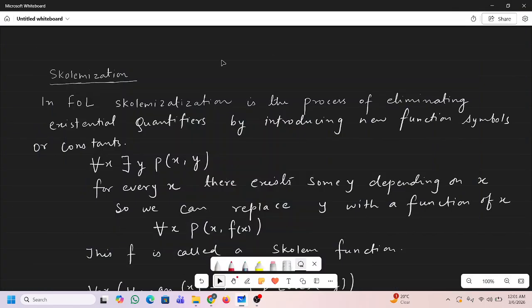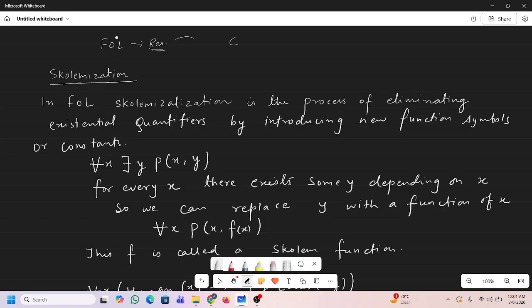So, in this lecture, we are going to start with Skolemization. Now, see why we need Skolemization. In first order logic, if I want to apply resolution, then I need to have the given statements in CNF form.